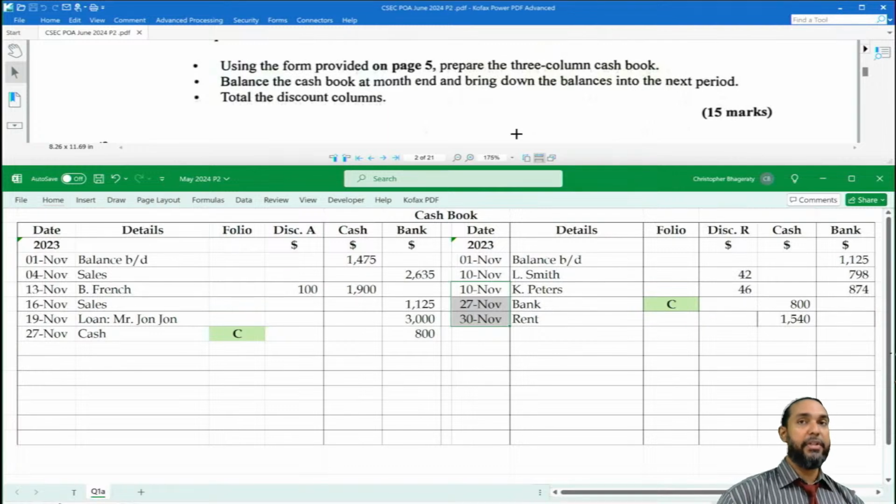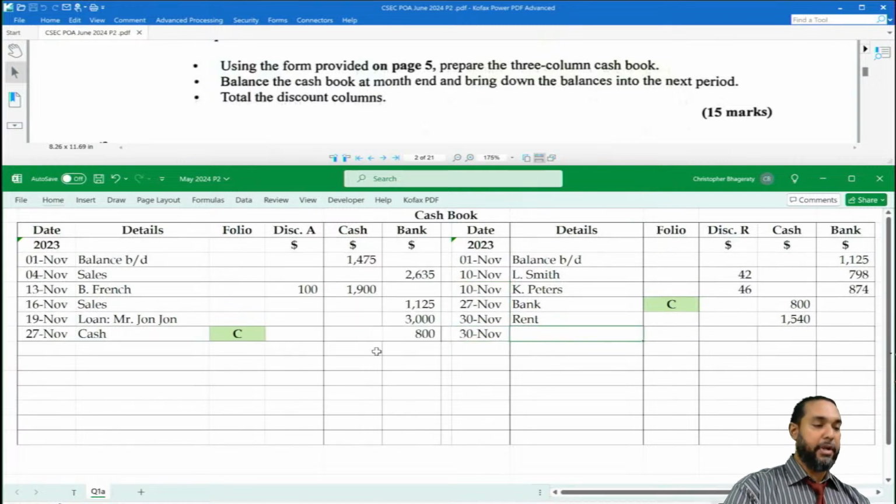Okay, so we had to use the page provided to prepare the cash book, balance the cash book at month end, and bring the balances down to the next period, and then, of course, total the discount columns. All right. So I think we'll have balances both carried down from the credit side and brought down on the debit side. All right, so check this, right?